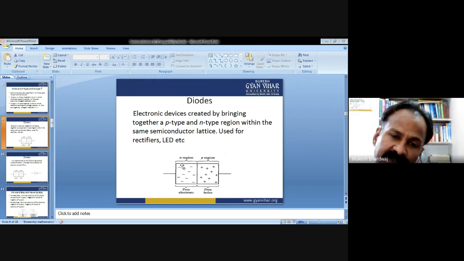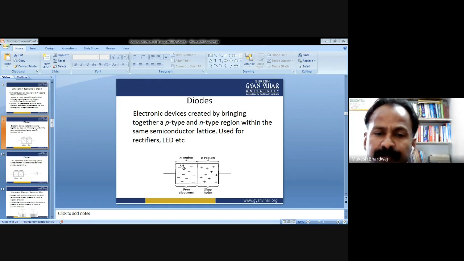In some books it is written as PN junction diode, and in others you just find it as diode. P-type is the semiconductor which contains positive charge carriers as the majority charge carriers, and N-type is the semiconductor which contains negative charge carriers as the majority charge carriers.